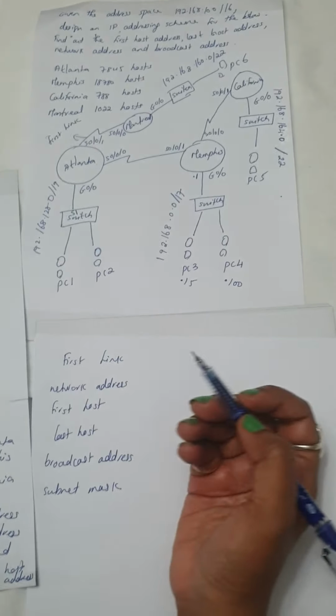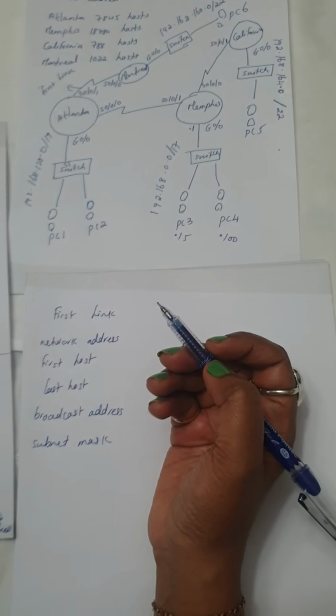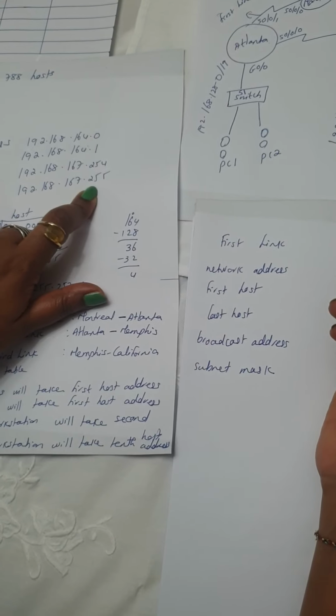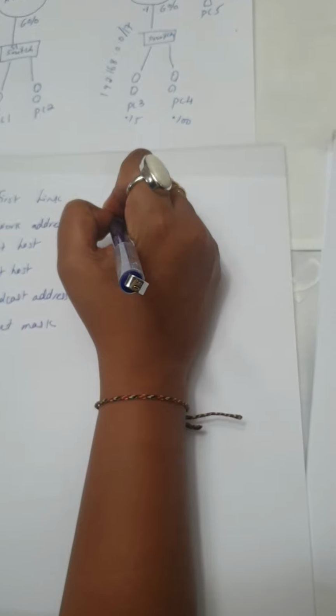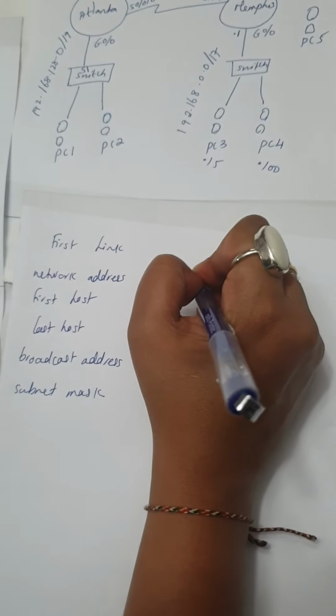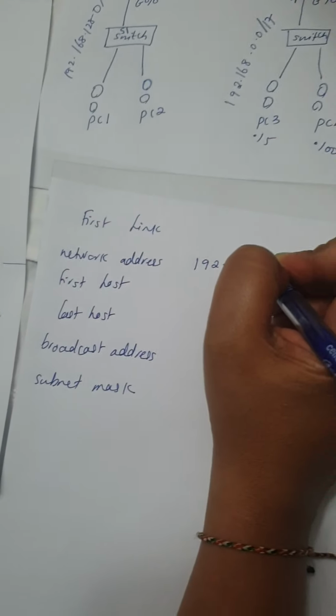California, as we saw, ended with 192.168.167.255. Now here it has to be one after this broadcast.